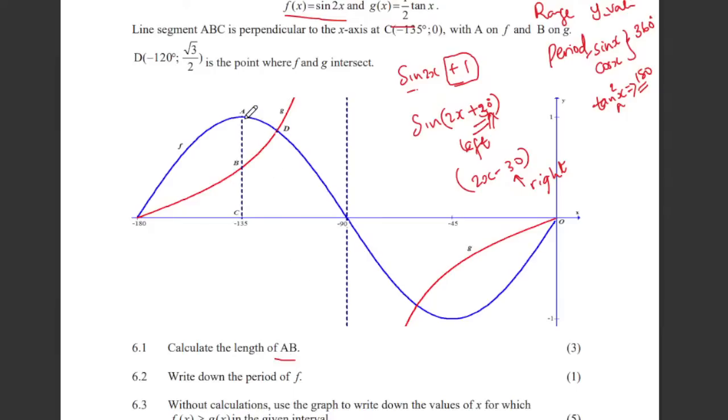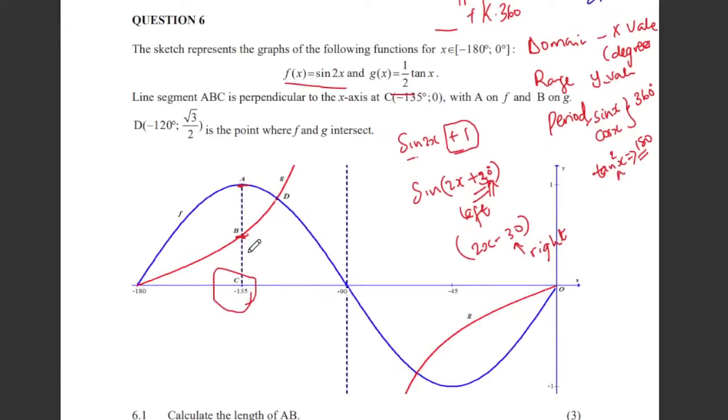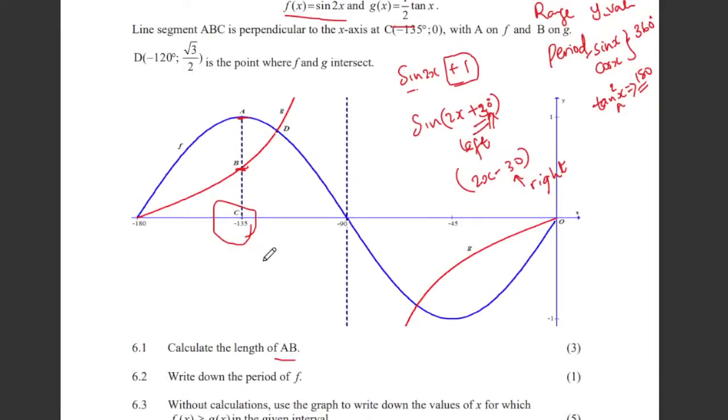So this is A, and that is B. But we know that both A and B have the same common point, which is negative 135. So it's up to you. You can choose to substitute the negative 135 into these equations, f and g, and then subtract the values. Okay, you get those 3 marks. I think that's way better.